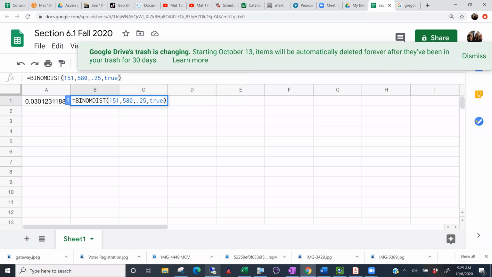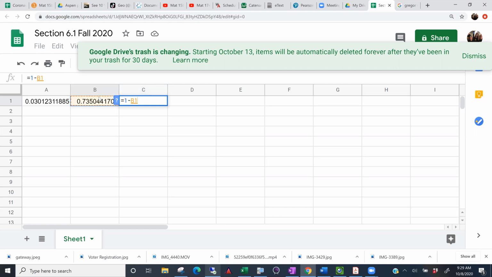And that's going to add up all the probabilities up to and including 151. That's not quite the probability that I want yet, though. It's close, but it's not the final answer. You just subtract that from 1, right? Yep. To get that, over here, I'll do equals 1 minus, and I'll click that cell.